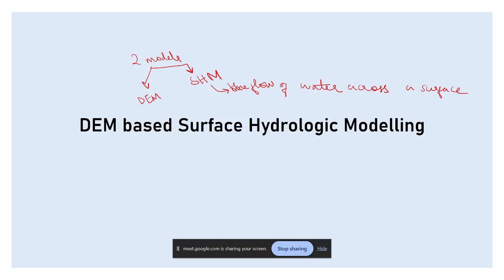Now what is the surface? Where do you get it from? We get it from the digital elevation model. That is how we combine these two together to better understand the flow of water in a particular area. So we are using one model to model the water flow over the surface and the other model as the surface.